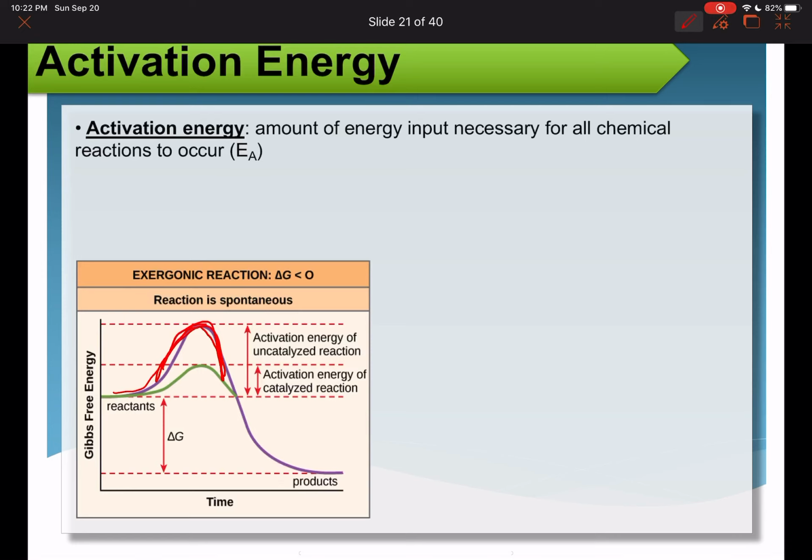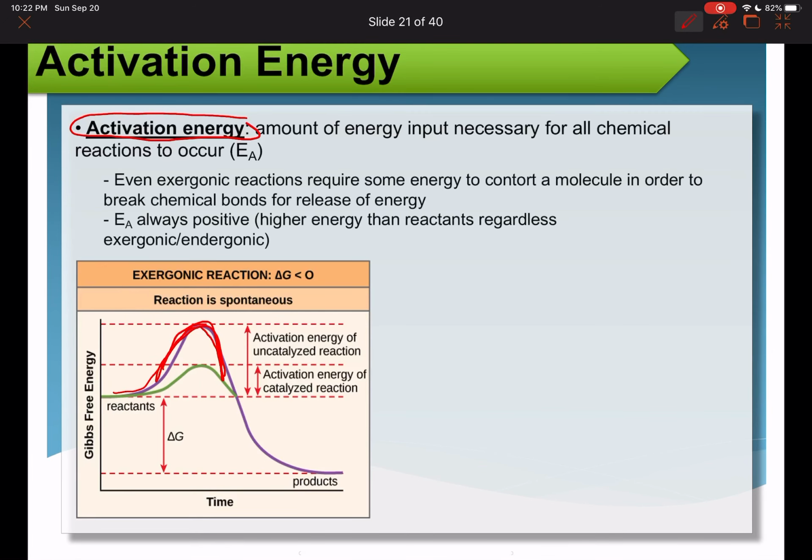And that energy required for the reaction to proceed and hop over is referred to as activation energy. An easy way to remember this is that it is the energy required to activate a reaction. That's why we call it an activation energy.